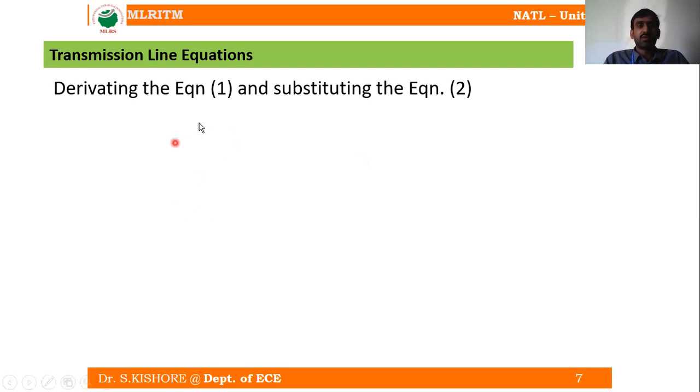For that, let us differentiate equation number 1, that is minus dV by dx equals (R plus j omega L) into I.